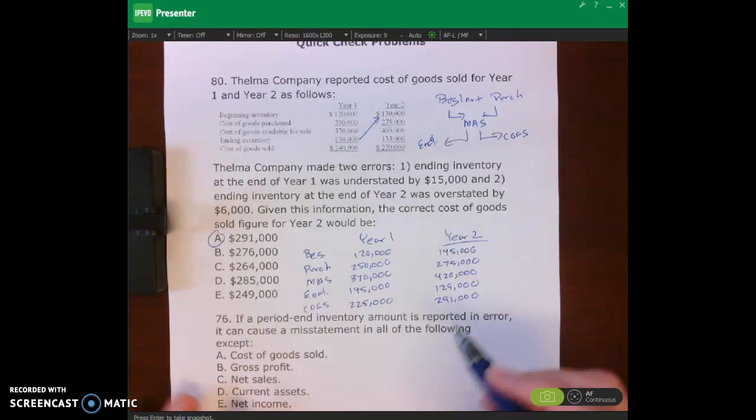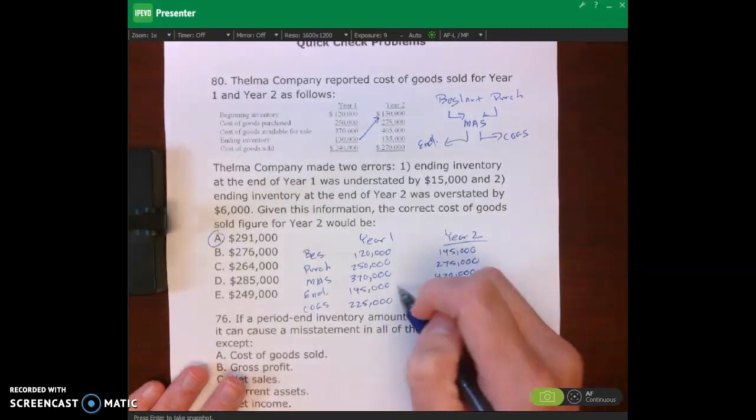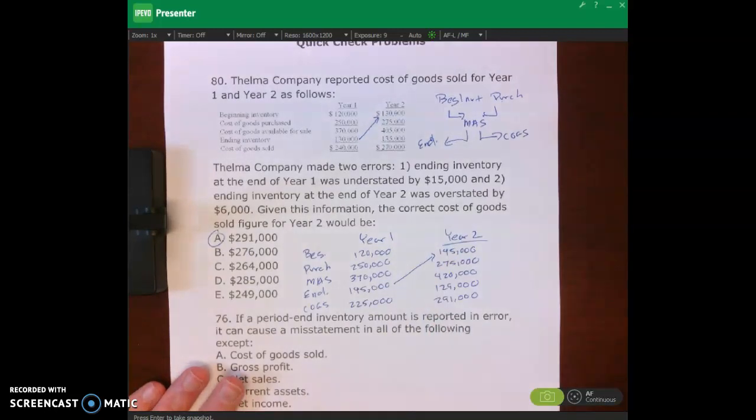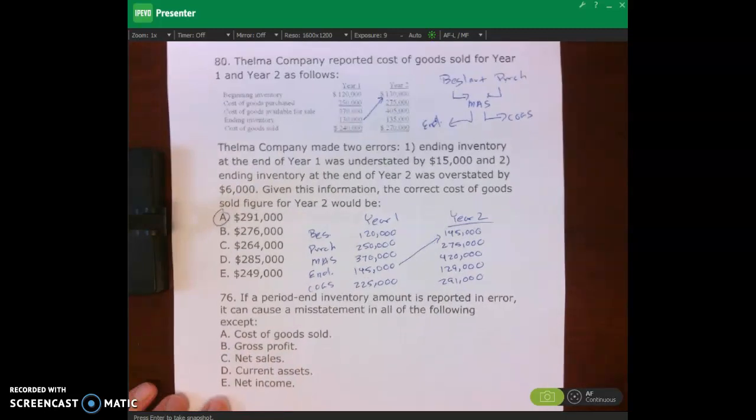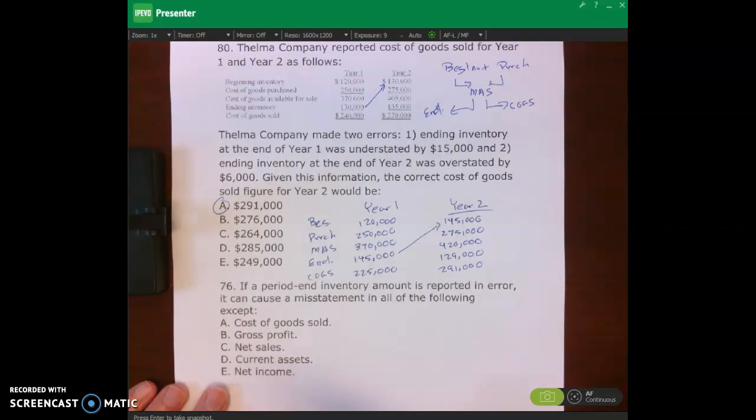The interesting thing is that when you make a mistake over here, that cascades to the next year too. So it screws up the next year. So don't make mistakes in your end of period inventory accounts, otherwise you've got all kinds of problems. Make sure that those are right as much as you can.